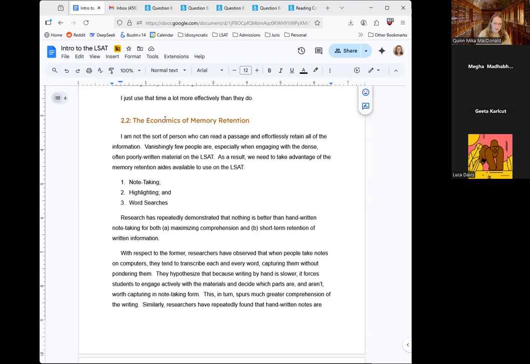On the other hand, when you take notes by hand, you cannot transcribe verbatim everything that is said. You have to think about what's important. You have to decide which parts are worth capturing and which parts aren't. And that creates a lot better comprehension, including of the things you don't even include, right? Because you had to think about them and determine whether they were worth including.